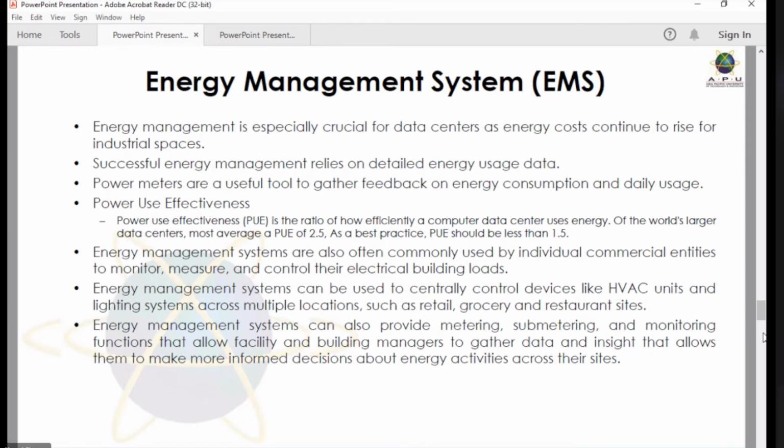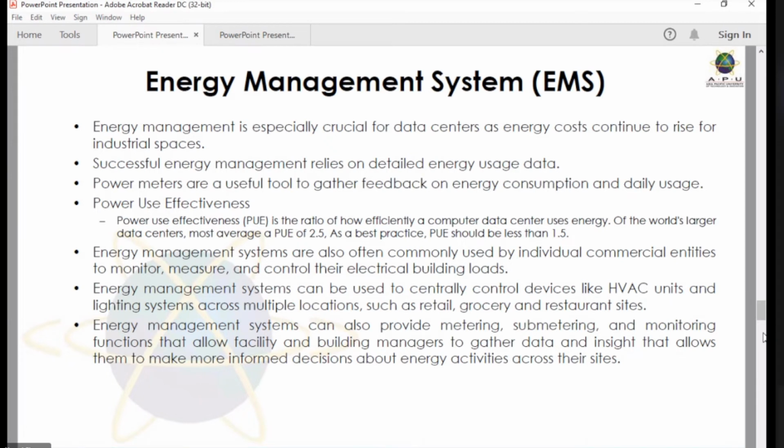Energy management is especially crucial for data centers as energy costs continue to rise for industrial spaces. Successful energy management relies on detailed energy usage data. हामीले कसरी कुन रूपमा इनर्जी युज गरिरहेछौँ, कहाँ कहाँ केमा इनर्जी युज भएको छ होइन, कता घटाउन मिल्छ कि लाइक we use these light sensors. डाटा सेन्टरको लाइटहरू किन बालेर राख्ने?